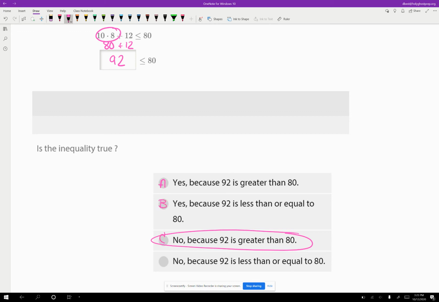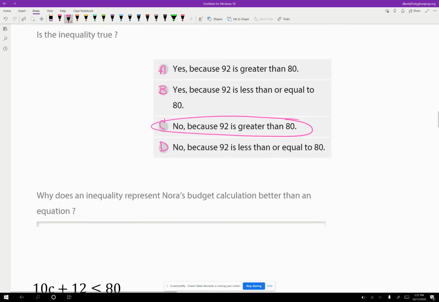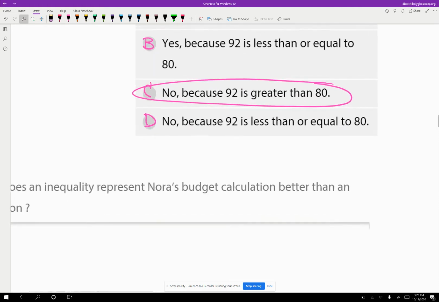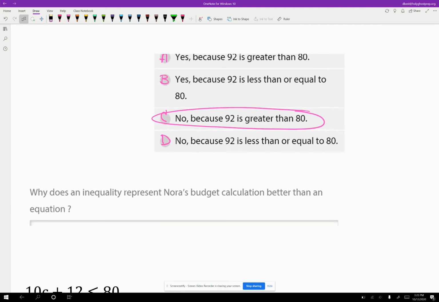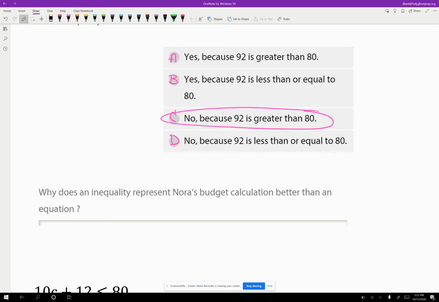Okay. And my last question about this problem is, why does an inequality represent Nora's budget calculation better than an equation? Why is that inequality sign better than an equal sign?